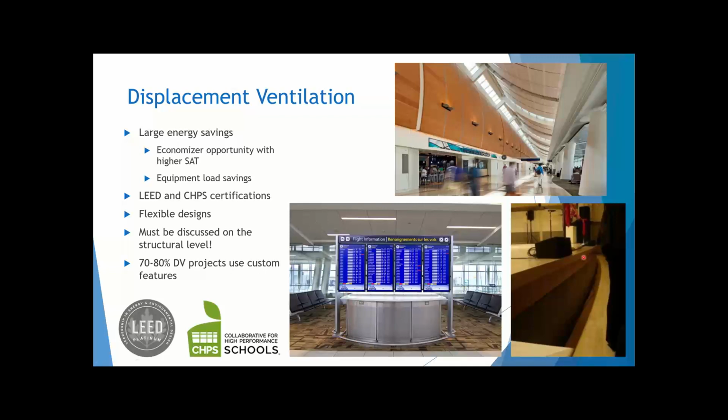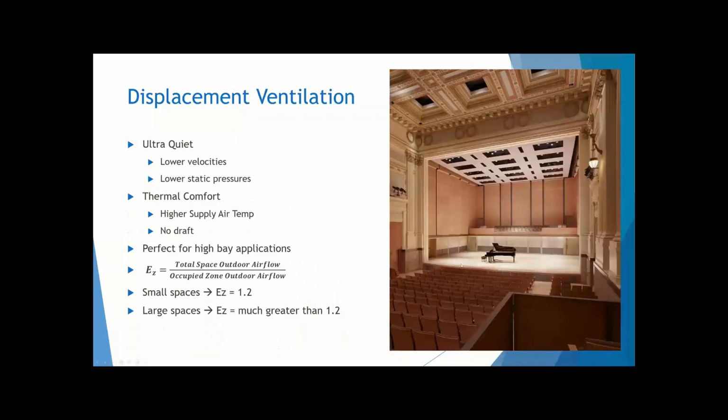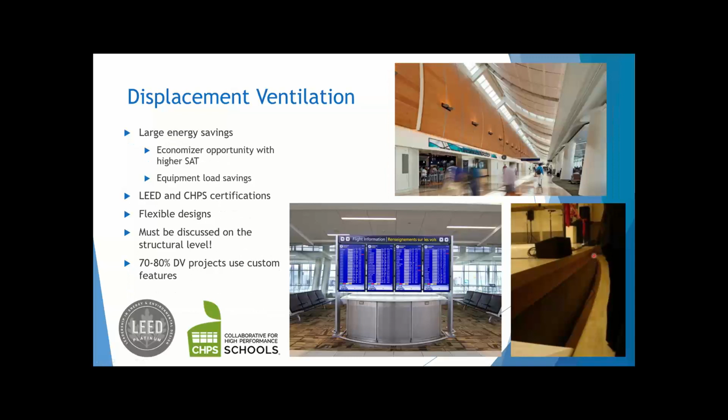And then this is actually the same example as this picture right here. This is a stage where the displacement diffuser is right in front of it. And right here, this is actually the diffuser. So it's pretty cool. They were able to mask it that well. In fact, I have another project going on at Logan Airport where we use totems.